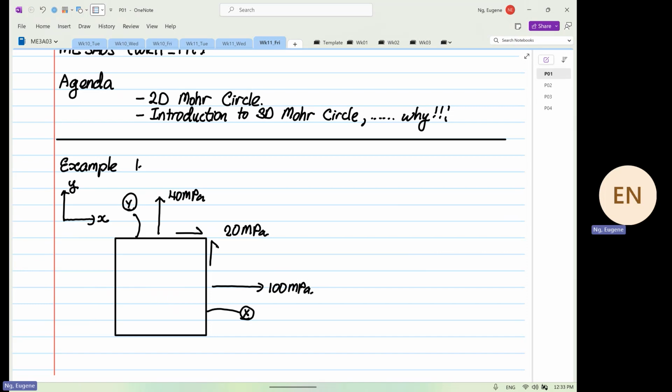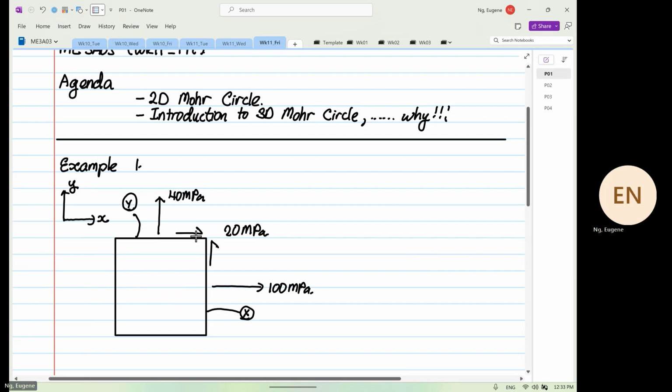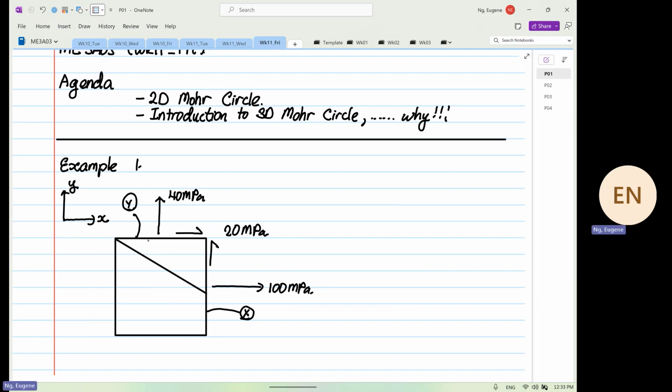Then what this question wants to determine is we want to find the stress state when the plane of interest has been rotated 30 degrees clockwise from the horizontal plane.